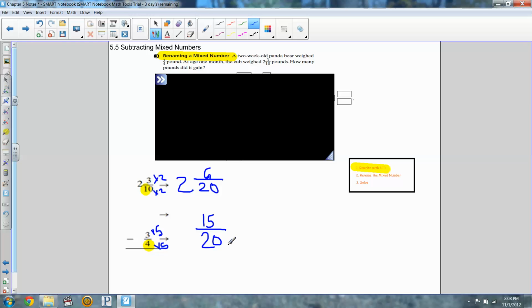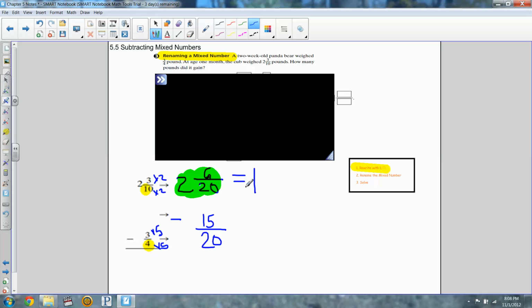Now, I'm subtracting, so what's my problem here? Well, my problem is I can't take 6 minus 15. That gives me a negative number. I don't want to do that. So here is the part where we're going to rename our mixed number. I'm going to change 2 and 6/20ths into a different number. I'm going to rename that to be 1.